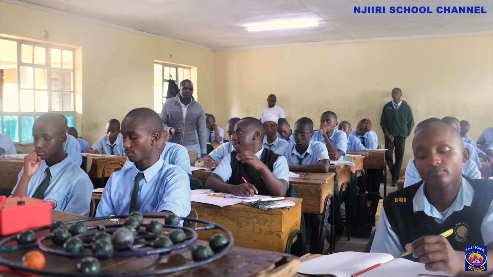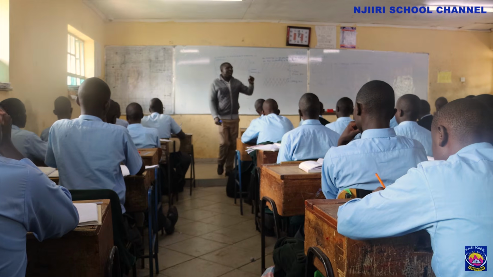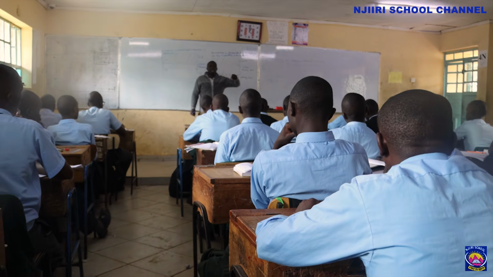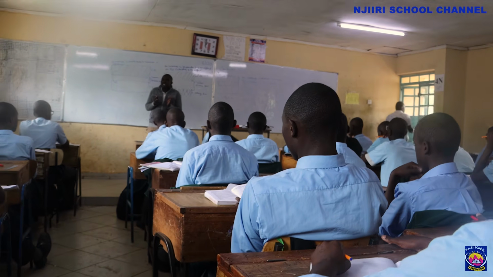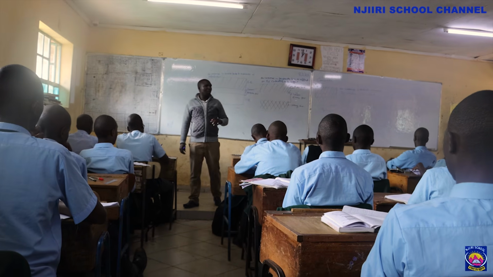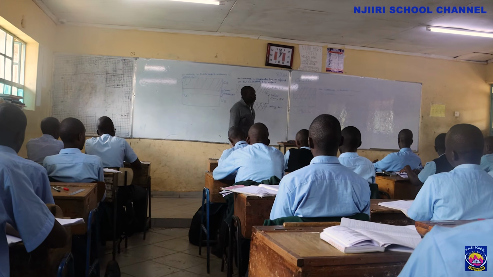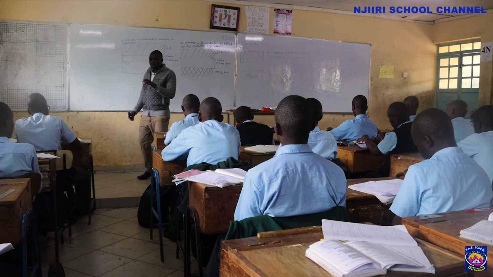Then there is the impure semiconductor, where we have added an impurity. The reason why we are adding an impurity is to improve the conductivity. That is what we shall discuss in our next lesson. I want you to go and do more research about intrinsic and extrinsic semiconductors.